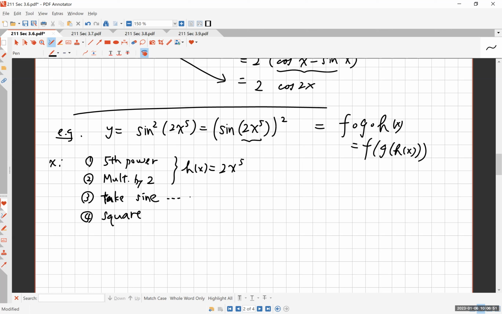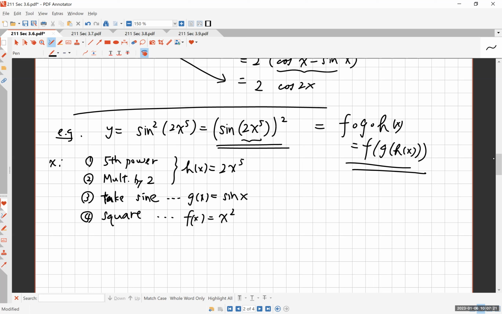Now taking the sine function, that would be the g, and that's just the sine of x. Now when you compose these, you get sine of 2x to the fifth. And then the last one, f of x, the outermost function, is simply the square function. I know this is confusing because for each I'm using x as the independent variable, but if you compose these correctly in this order, you are going to get exactly this expression, right?